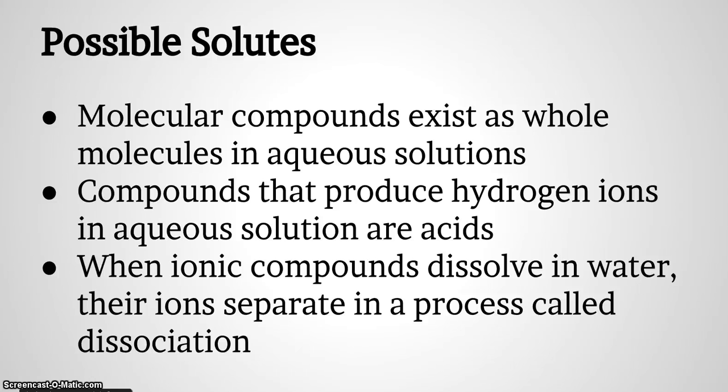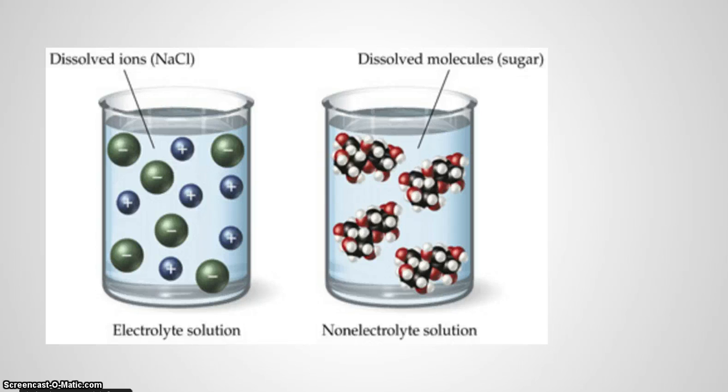That's why we write those aqueous ionic compounds separately as their ions. You can see a good picture here that shows the difference between an ionic compound, so our cations and our anions separate, versus a molecular compound like sugar. The molecules stay as whole molecules, they just separate from each other. Okay, and then we use the term electrolyte and non-electrolyte to mean conducts electricity, does not conduct electricity.